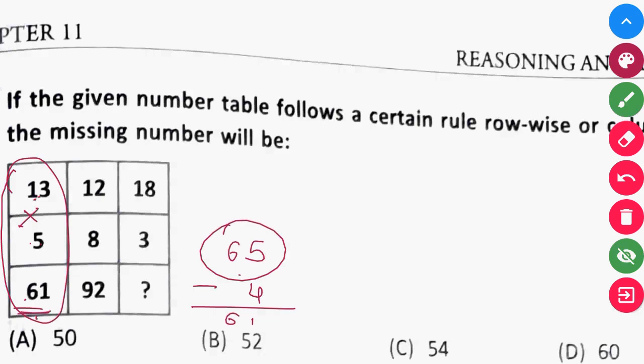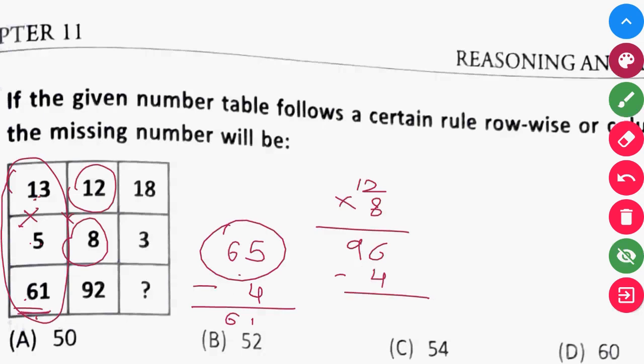Now I just thought of this one pattern, but I have to check whether this rule applies to all the columns or not. If yes, then my thinking is correct. So now, what is the answer for 12 eights? 12 eights are 96.